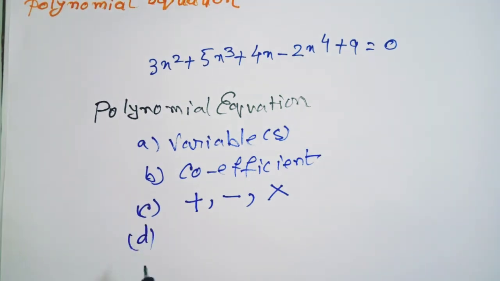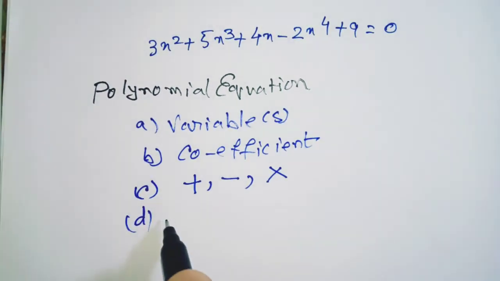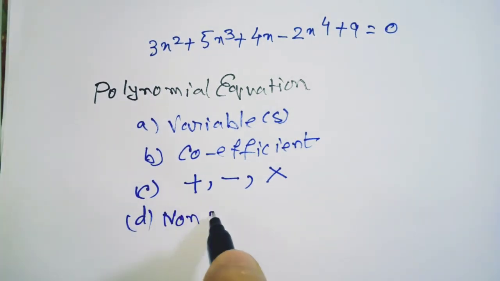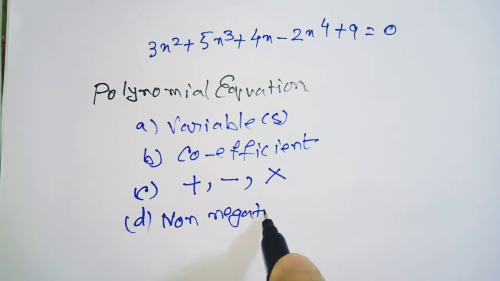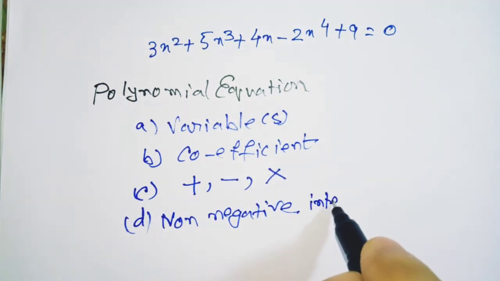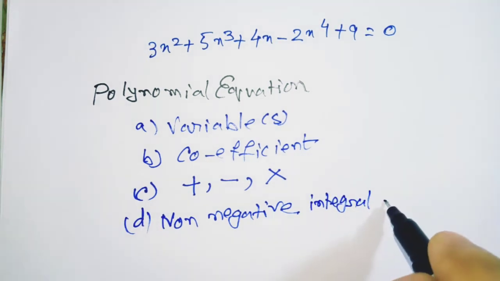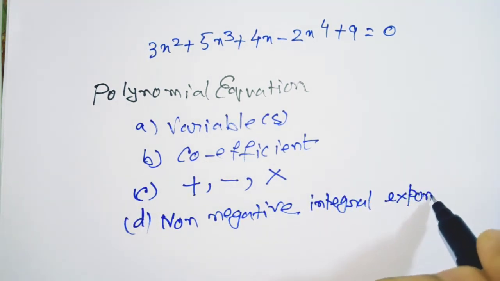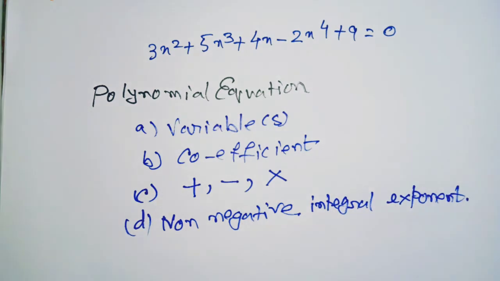And lastly, it should also have what in mathematical terms is called a non-negative integral exponent. That means it has to be raised to a power which is positive. It won't allow anything negative.